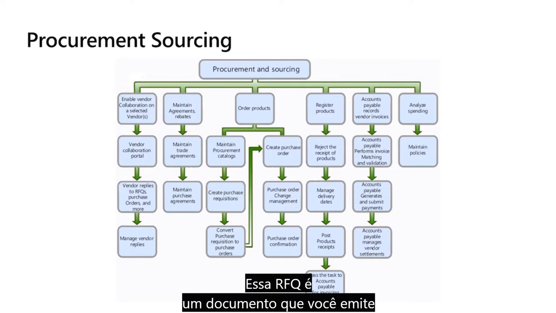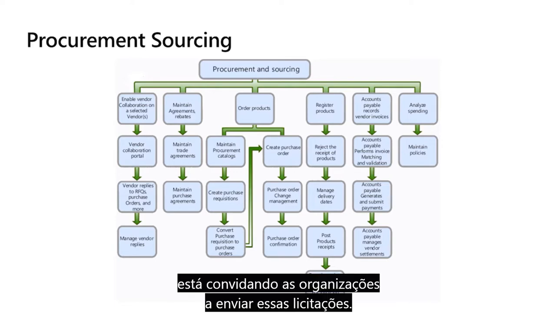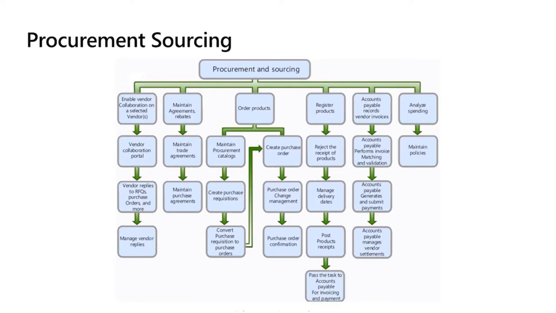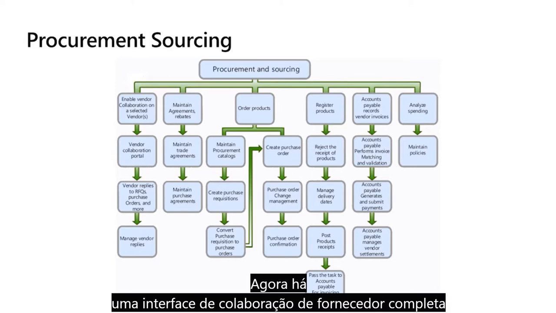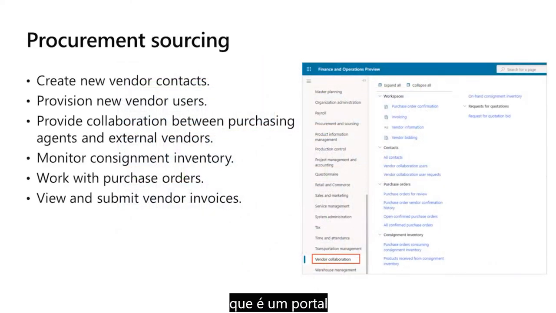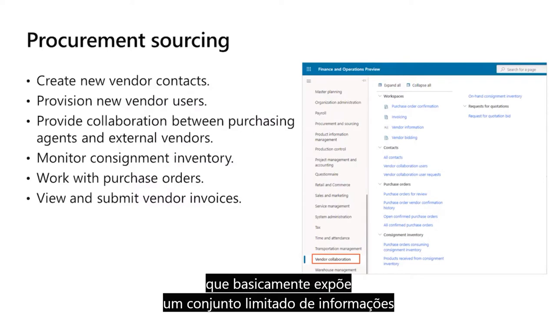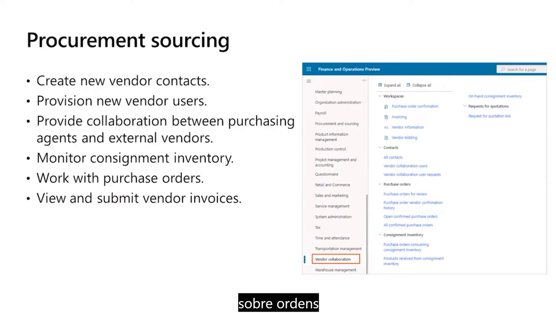And this RFQ is a document that you issue when you want to buy products, and you're inviting organizations to submit those bids. Now, there is a full vendor collaboration interface that is a portal that basically exposes a limited set of information about purchase orders to external vendors.